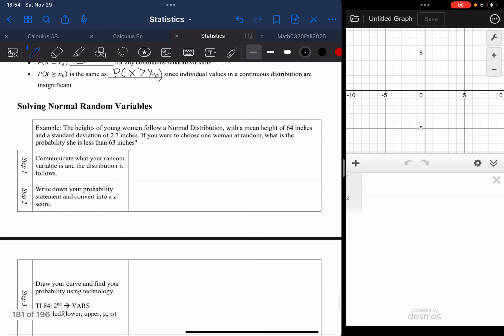So here, when we're solving these, we're using what is called the 4 C's, and that is to communicate, create, calculate, and conclude. Okay. So step 1, to communicate.